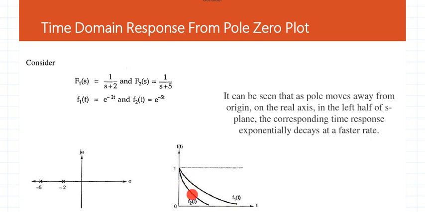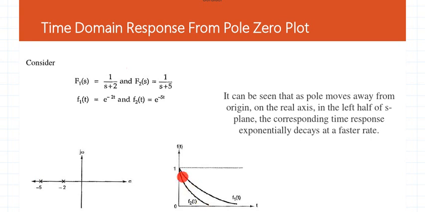So what we understand is that the pole closer to the j omega axis has a nature of curve as shown here, whereas the pole away from the j omega axis, having a higher magnitude, is decaying much faster than the first.